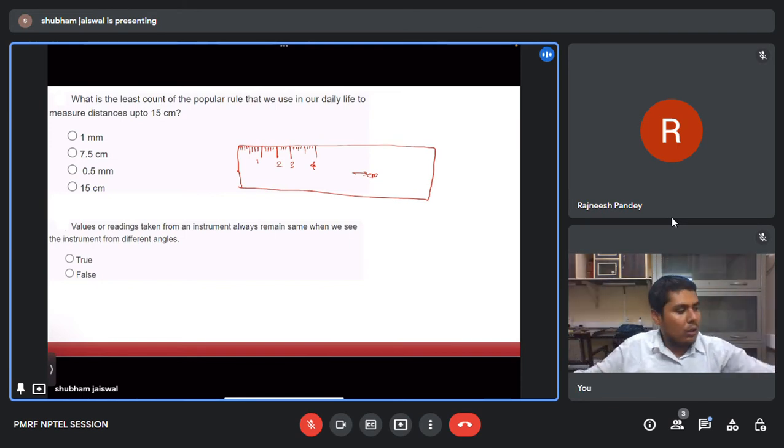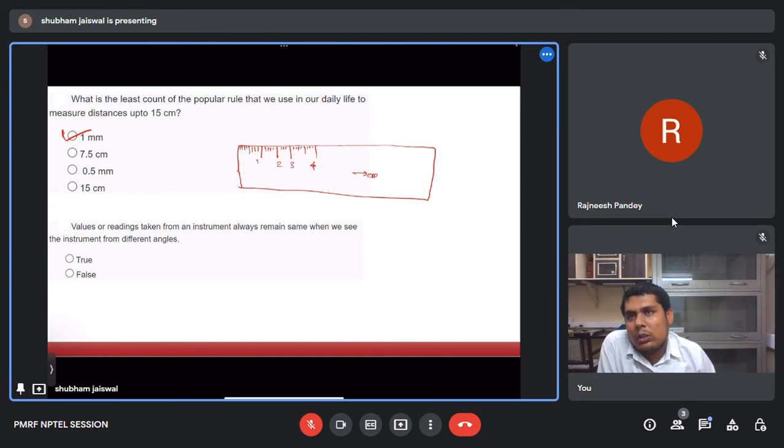So the correct answer to this question is 1 mm. The minimum distance that we can measure accurately is 1 mm, but we didn't consider points like the line thickness.